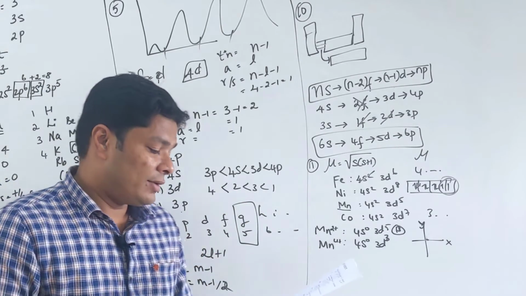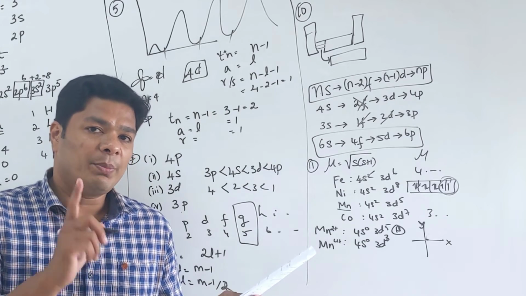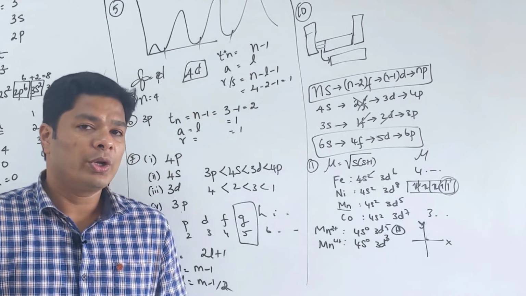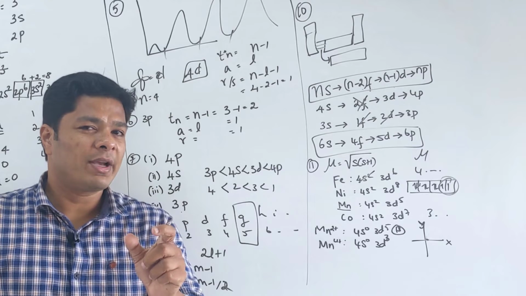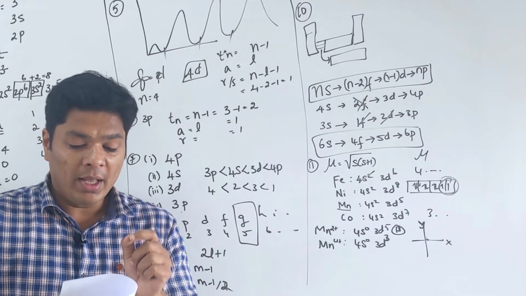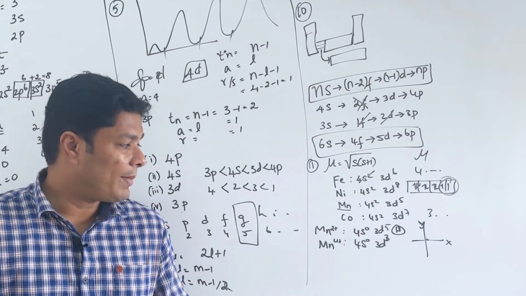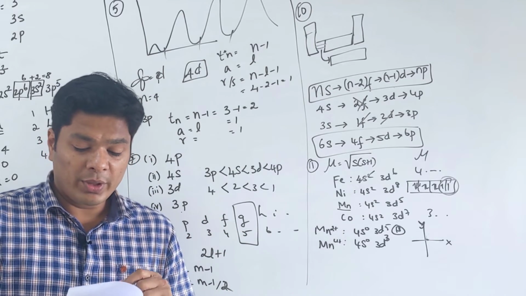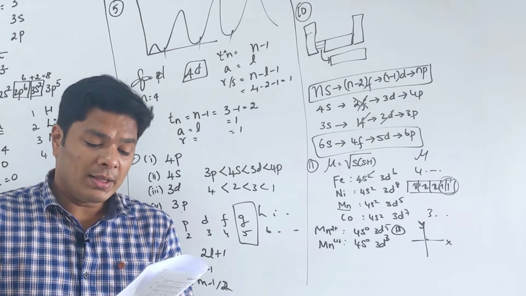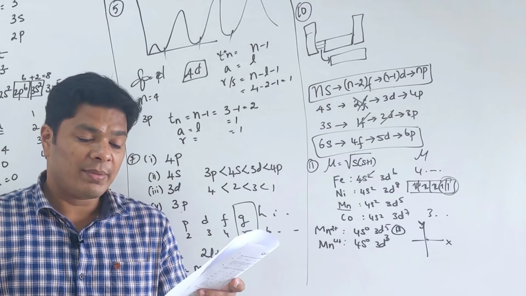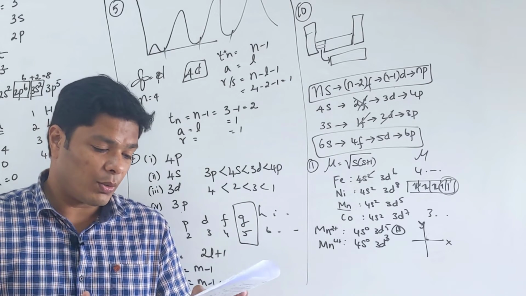Now if I draw this, the answer will be too simple for you. I gave you the picture of the orbital in the notes, so I want you to go and do it. You want to know the difference between x squared minus y squared, dxy and dyz. I want you to look at the diagram and see where the electron density is going to be extremely high. The option is the one at an angle of 45 degrees from the x and y axes, where there are the most electrons, but I want you to look at it.